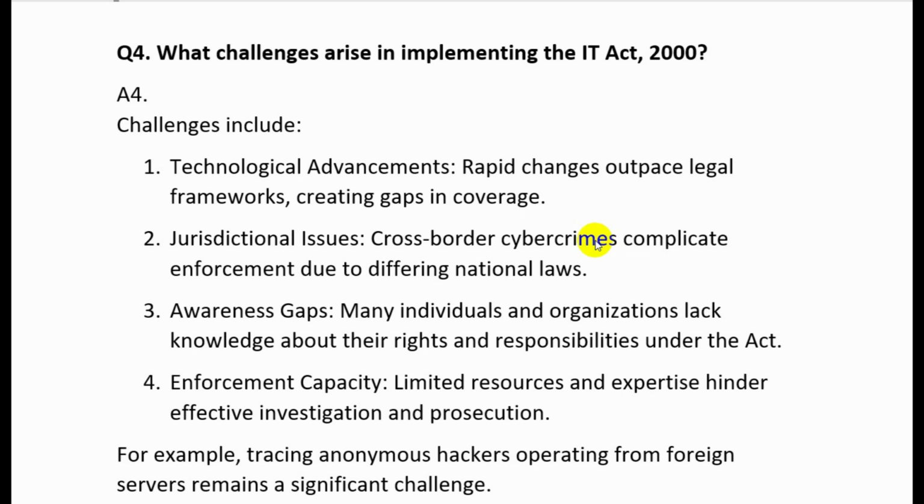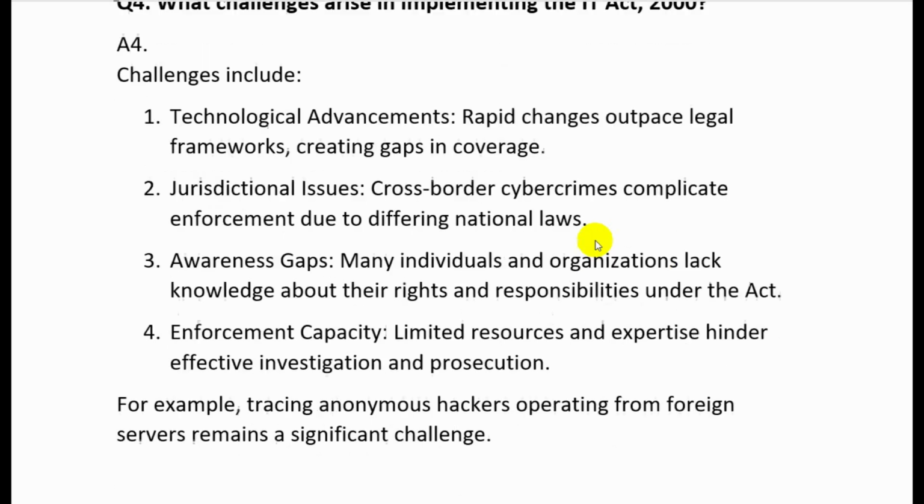Awareness gaps: many individuals and organizations lack knowledge about their rights and responsibilities under the Act. Enforcement capacity: limited resources and expertise hinder effective investigation and prosecution. For example, tracing anonymous hackers operating from foreign servers remains a significant challenge.